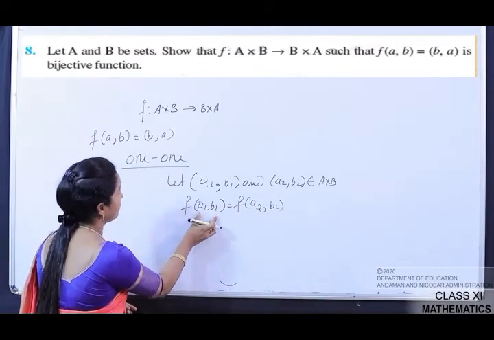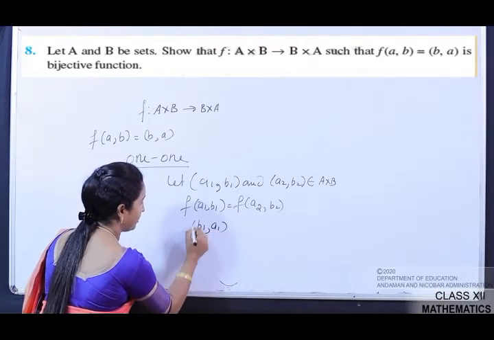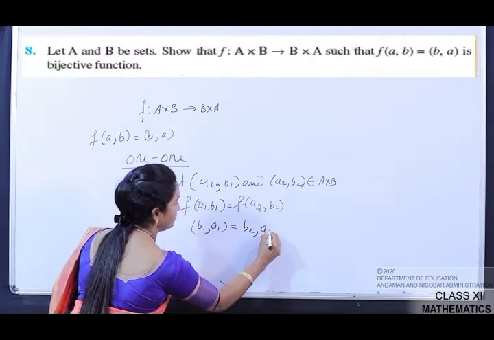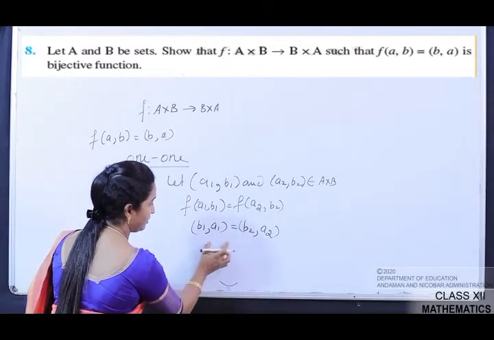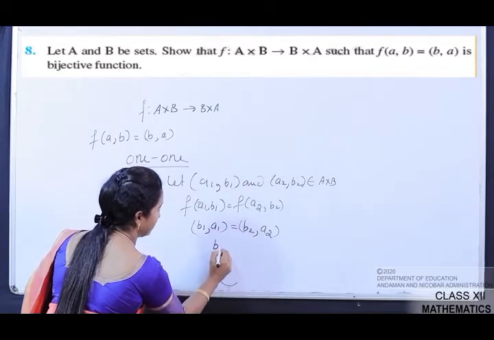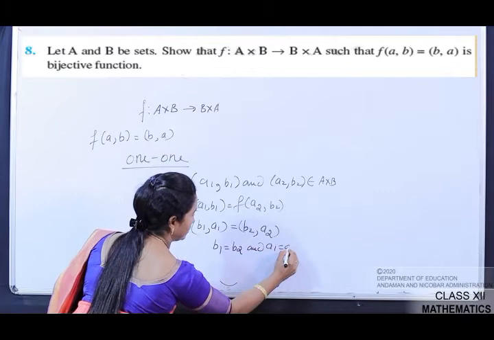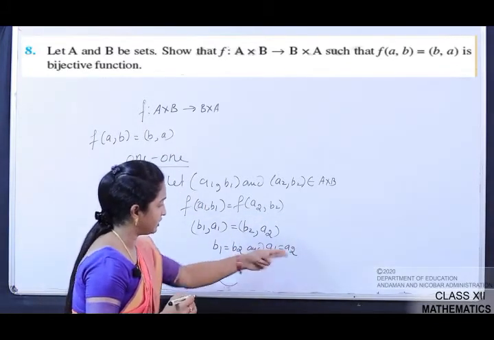What is f of a1, b1? It is nothing but b1, a1, okay, according to the definition, and it is b2, a2. What does it mean? This ordered pair are equal means b1 is equal to b2 and a1 is equal to a2. Clear? b1 is equal to b2 and a1 is equal to a2.